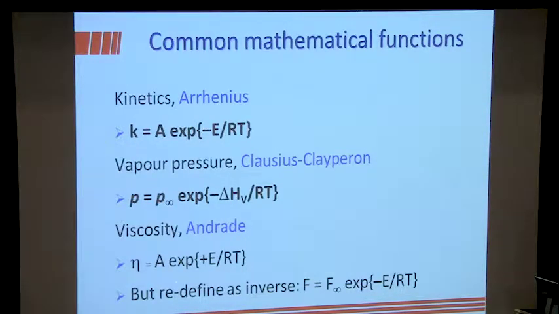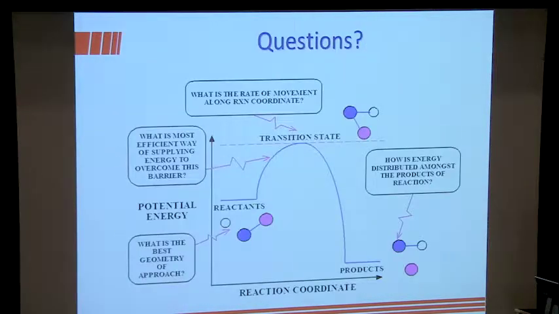If you look at the inverse, fluidity is fluidity infinity times the exponent of minus E all over RT. They're all Arrhenius type equations. They all have this exponential dependence on activation energy and inverse temperature. Okay, so that's the Arrhenius equation.